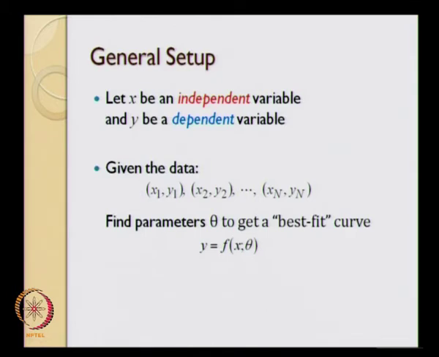In this particular case N was 6, so we have been given x1 y1, x2 y2, up to xN yN. We want to find a best fit curve in some way or the other, and that curve is given by y equal to f of x semicolon theta, where theta is the set of parameters. So this is a functional form of that particular curve.